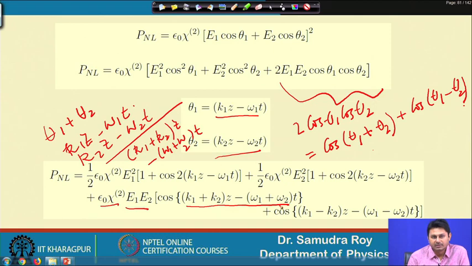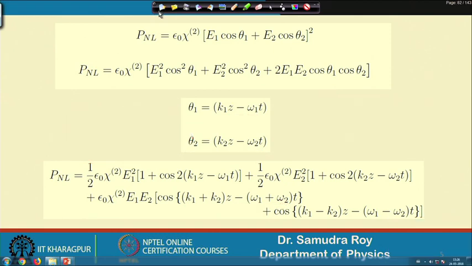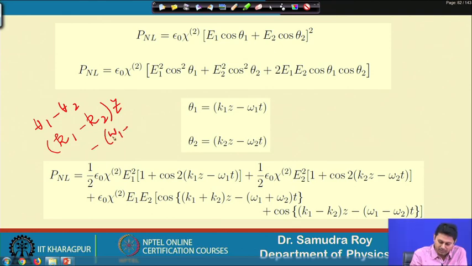In a similar way, we can do the other term, the minus. If I do this theta 1 minus theta 2, it eventually gives me (k 1 minus k 2) z minus (omega 1 minus omega 2) t.